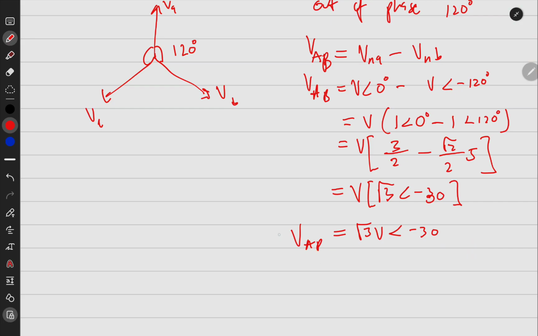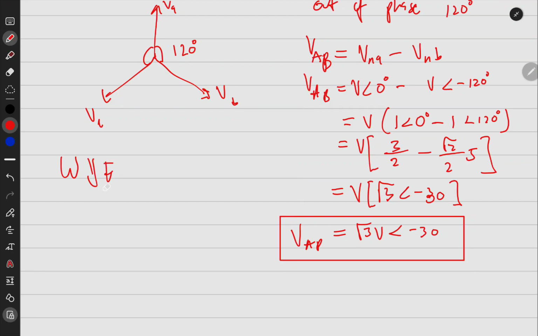So this is your answer, and this is your relationship between phase and line voltages. This is a derivation for the Y connection of three-phase, which some books call a star connection.